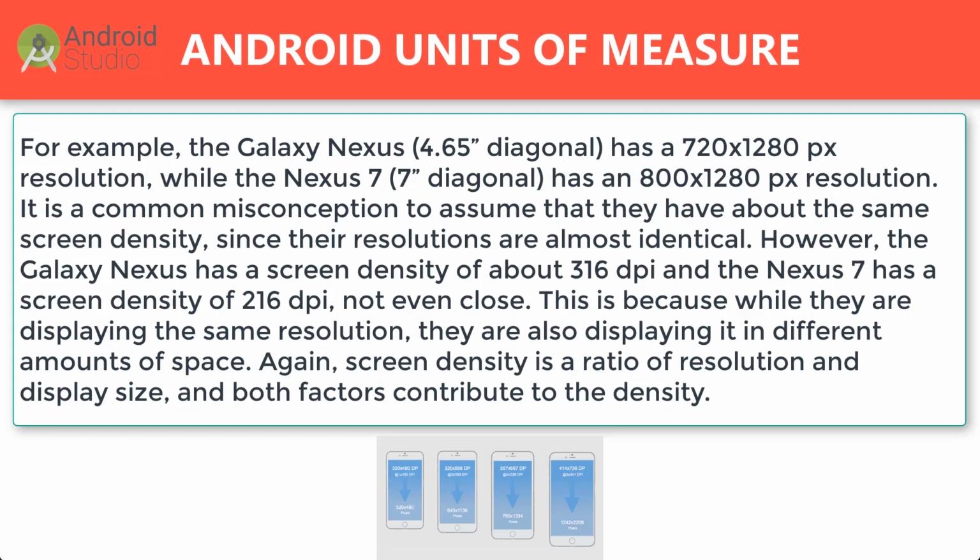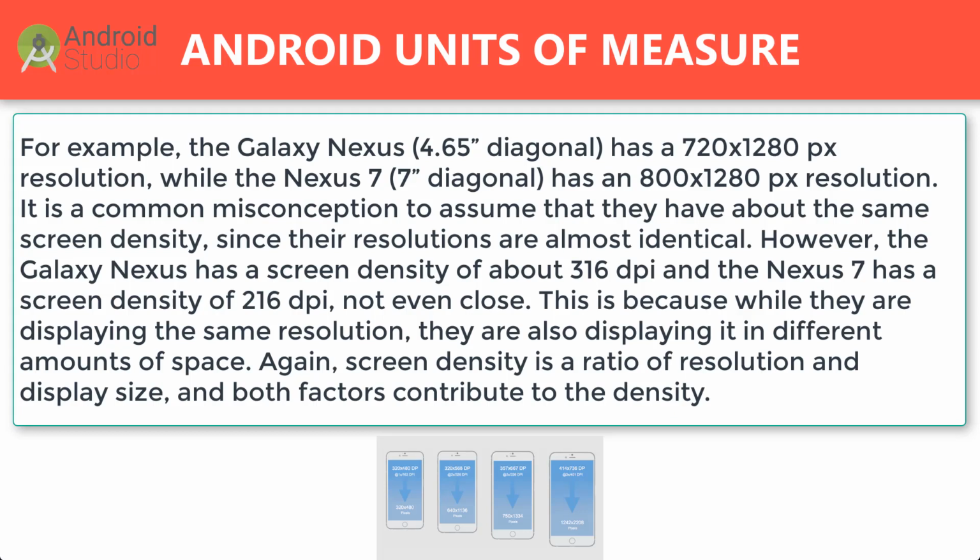It's a common misconception to assume that they have about the same screen density since the resolutions are almost identical. However, the Galaxy Nexus has a screen density of about 316 dpi, and the Nexus 7 has a screen density of 216 dpi.